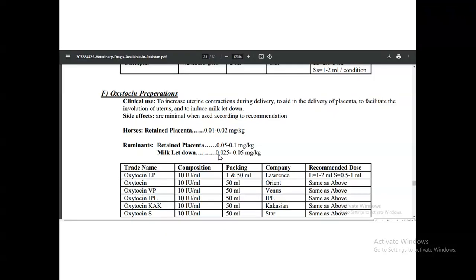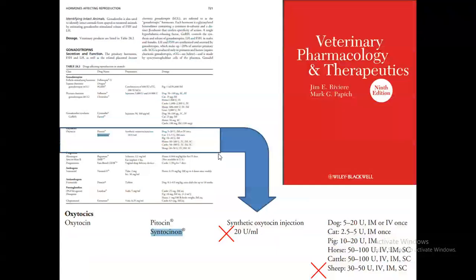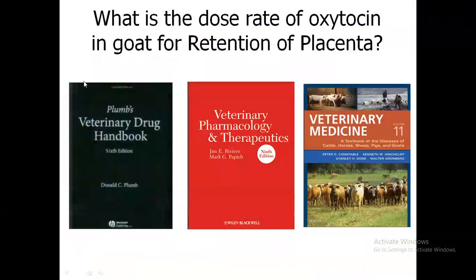So in summary, we can say that the Plumb's veterinary book is providing correct information, and its dosage is the same as the manufacturer's recommended dose rate. Veterinary Pharmacology tells the dose rate as units, not as international units, and I cannot find a way to convert units to international units.